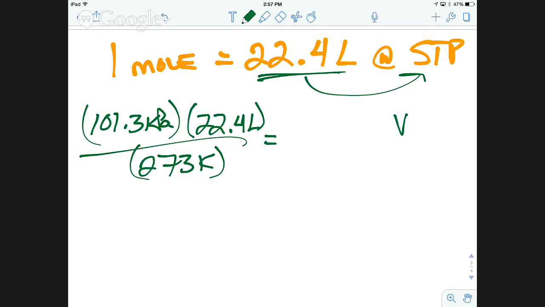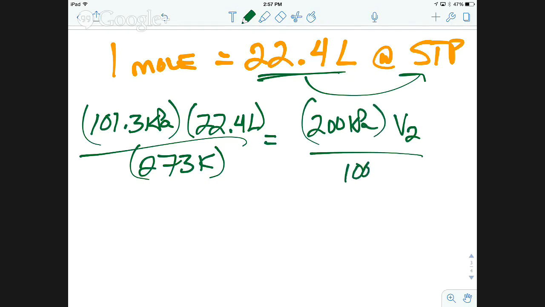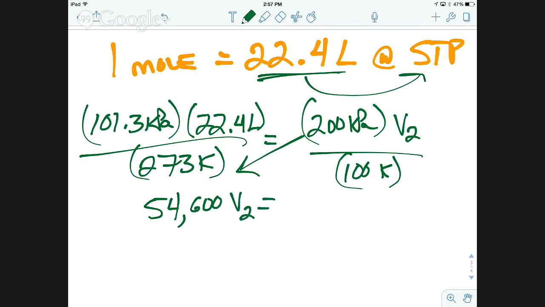I want to know what will be the volume at 200 kPa and a temperature of 100 Kelvin, right? So if I cross multiply, going this way first, I came up with 54,600 times the second volume equals, going this way, 101.3 times 22.4 times 100, which is 226,912.